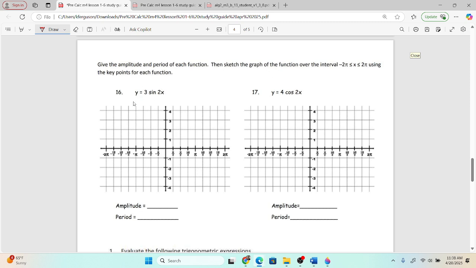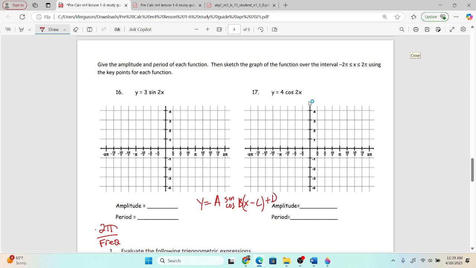So it says I got 3 sine of 2x. What's the period? Period is 2 pi divided by the frequency. Remember that when I'm looking at my equation, it looks like A times sine or cosine of B times (x minus C) plus D. Well, we don't have any C's or D's.